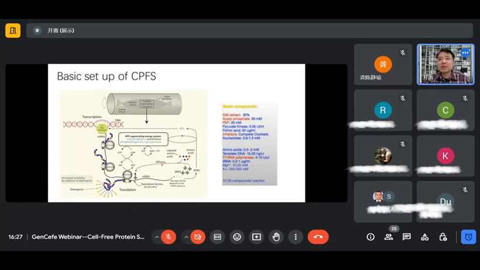And of course, we add the amino acid substrates and nucleotide substrates. And of course, the most important is the energy regeneration system. There are really many studies dedicated to improving energy regeneration systems using different energy precursors.